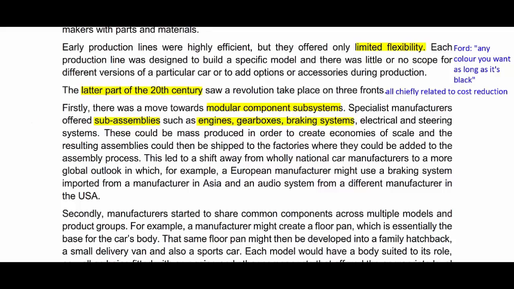And what you've seen in recent years in the auto industry is, to achieve economies of scale, there has been a consolidation of suppliers in this area. So the parts suppliers, the sub-assembly makers, have consolidated in recent years.